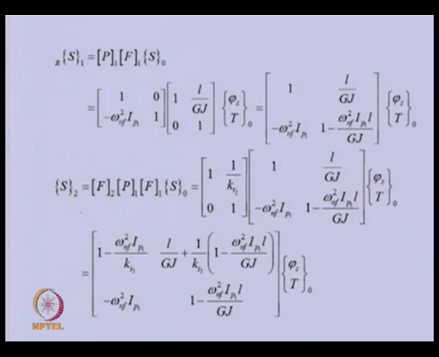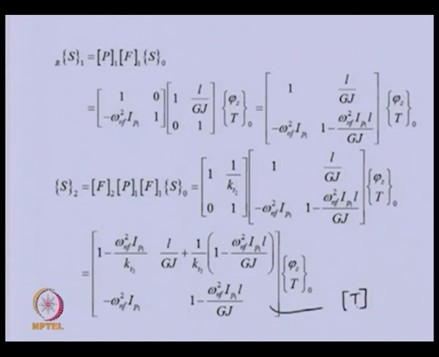For that we need the multiplication of field matrix, point matrix, field matrix, which is corresponding to the spring. If we multiply this, we will get this 2 by 2 matrix, which is nothing but the overall transfer matrix for the present problem.